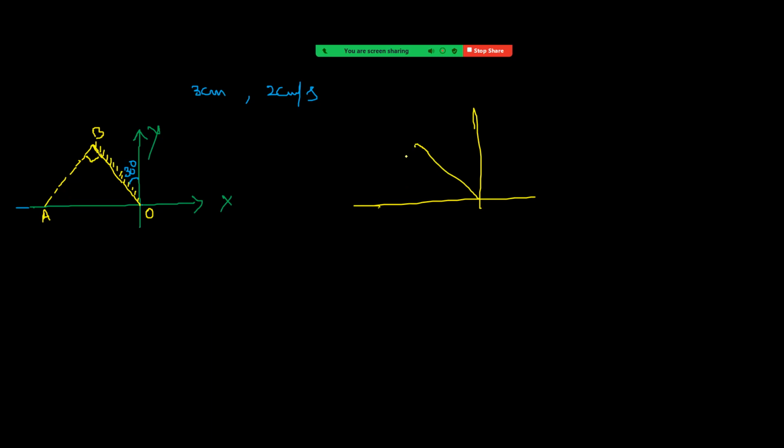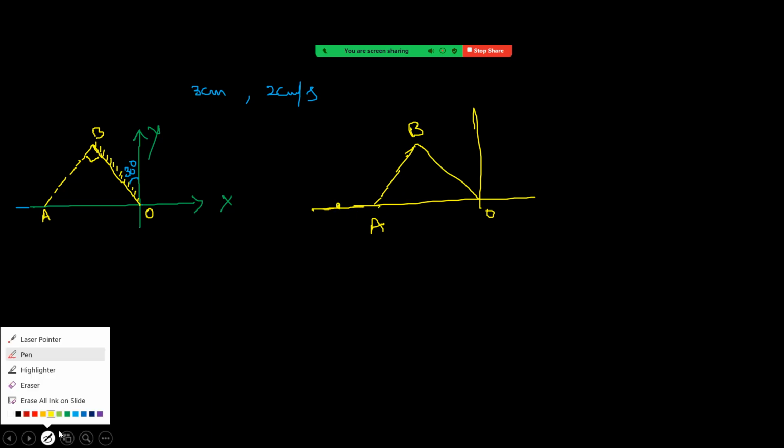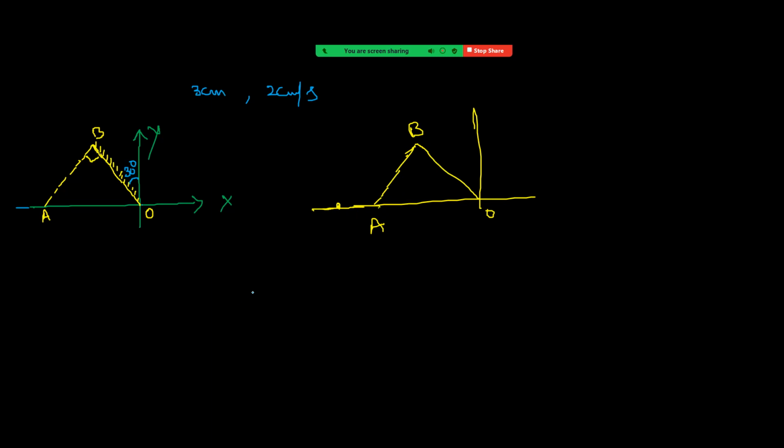Right. I am taking a normal to the mirror. This is A, this is B, and this is O. You just observe if the insect is left of point A. For example, I'm taking somewhere here. This is the insect.